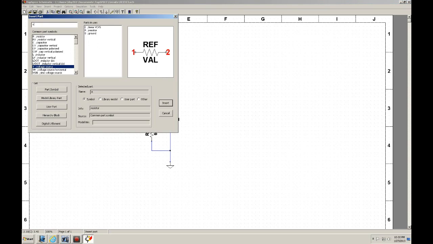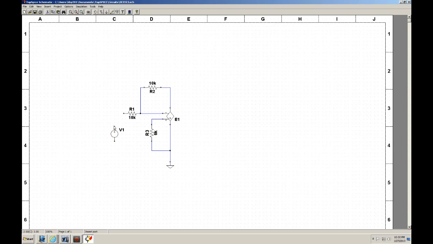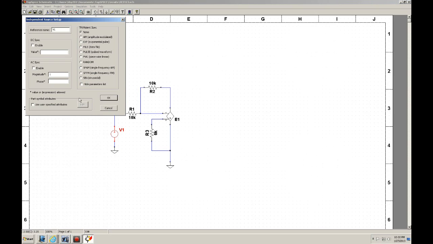Let's put a voltage input. Let's go ahead and put 1 volt there.